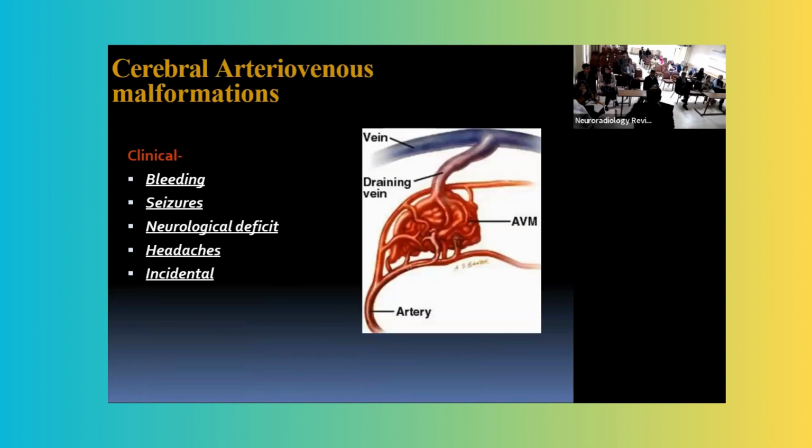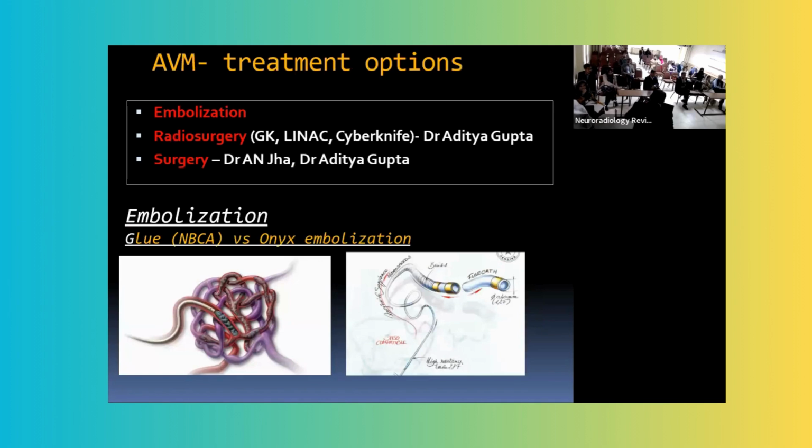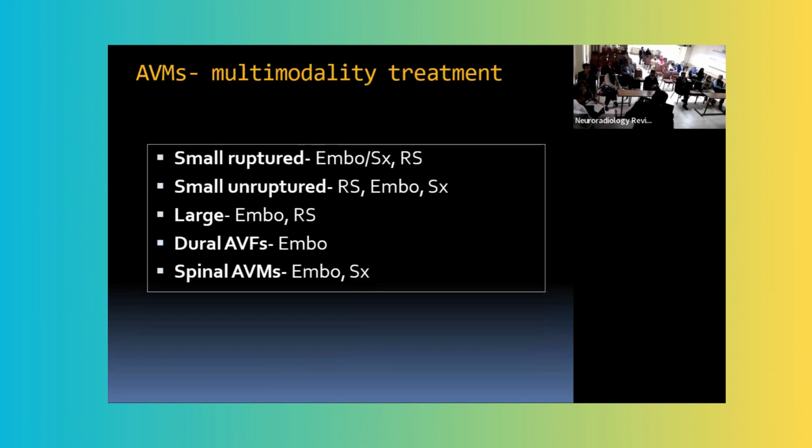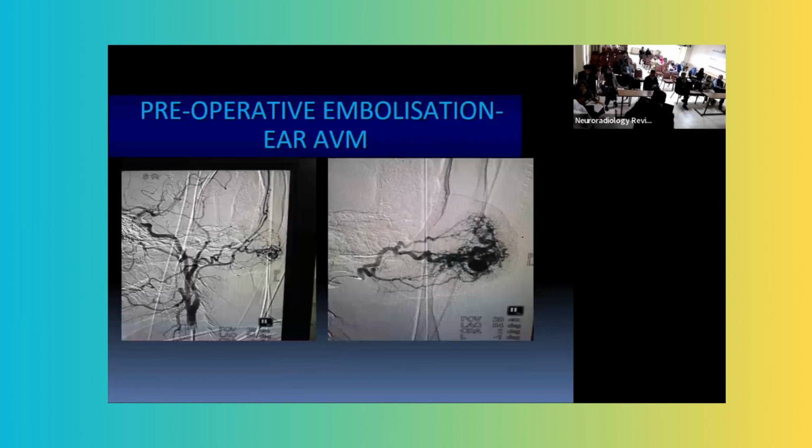Another component is cerebral AVMs leading to bleeding and seizures. There are different techniques, embolization, stereotactic radiosurgery, and neurosurgery, which lead to good results. We use different techniques like fill and embolic agents like glue when needed. This was a case which I performed at Mayo Hospital under supervision of Professor Dr. Majid Masood. This was a young female who had an ear AVM.